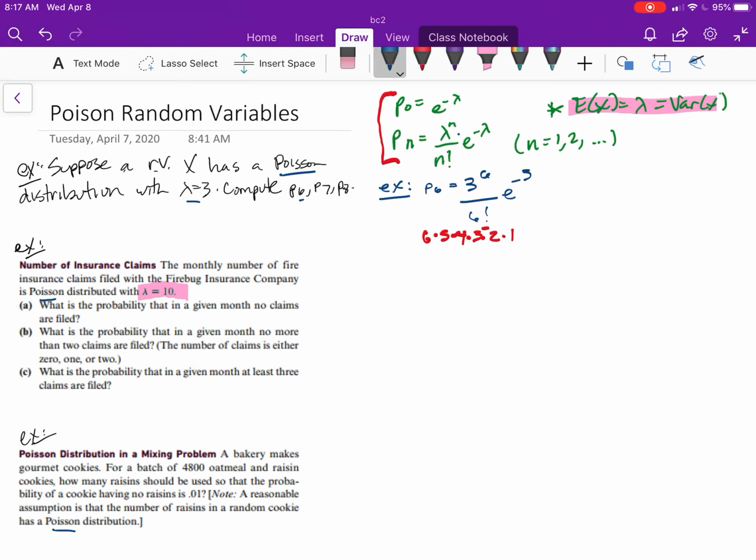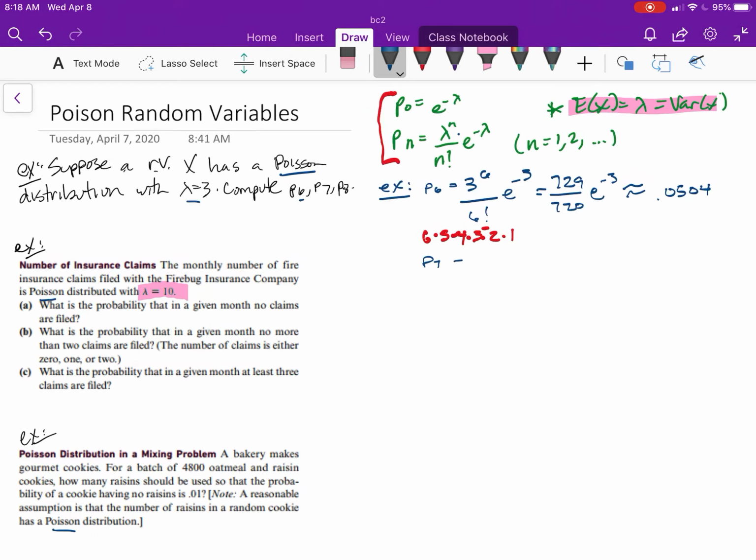So this yields 3 to the 6 is 729 over 6 factorial is 720 times e to the negative 3. No matter what, you're going to need a calculator. So we get approximately 0.0504.